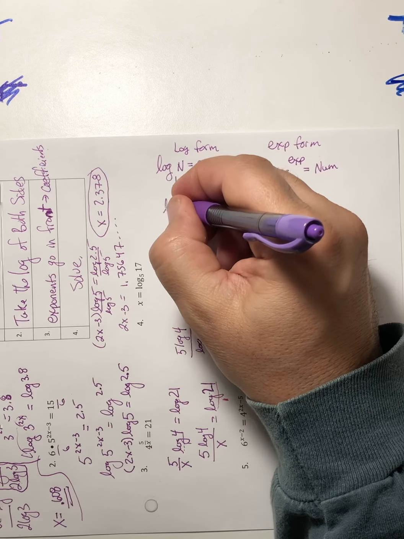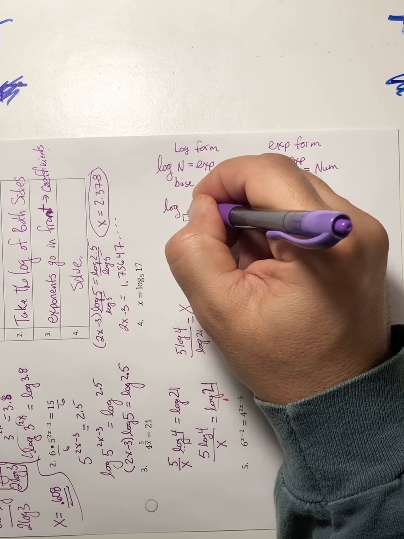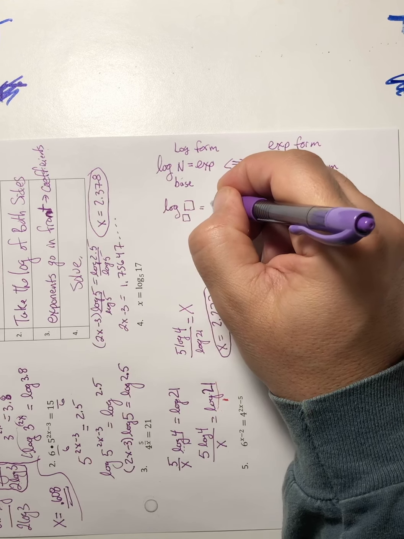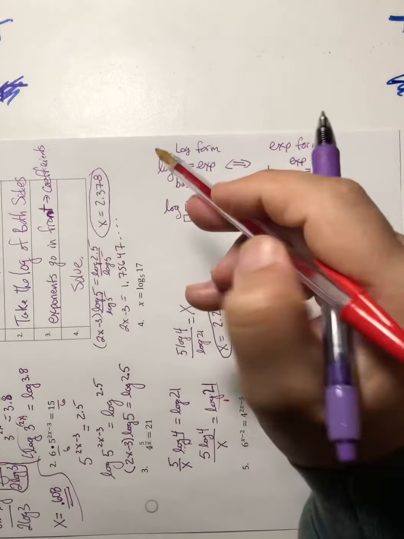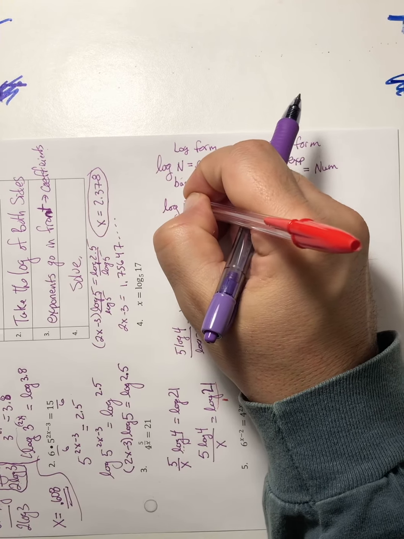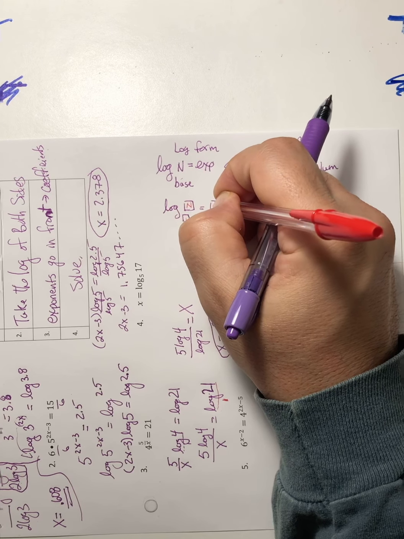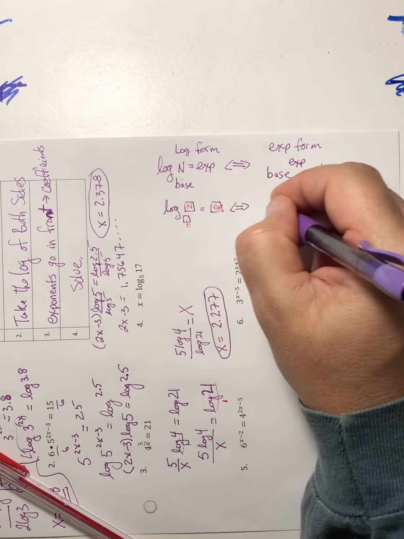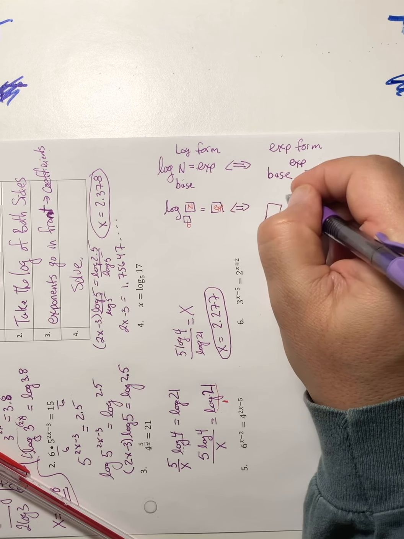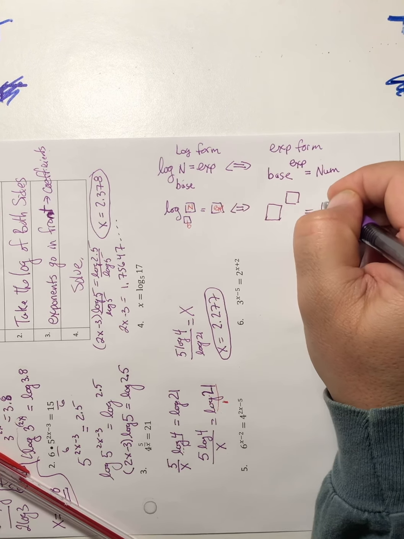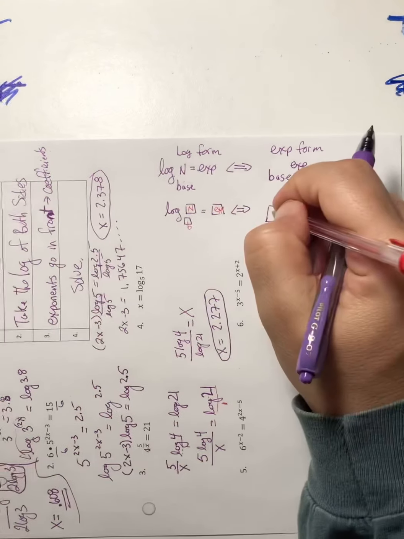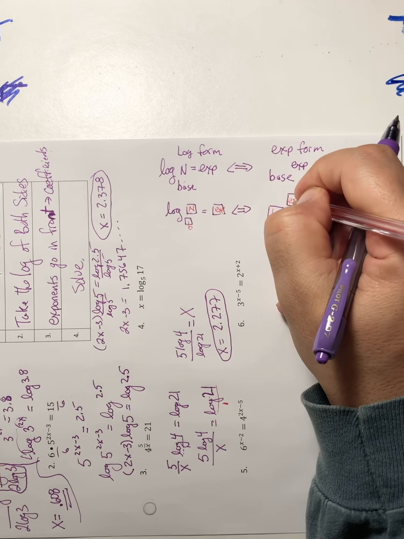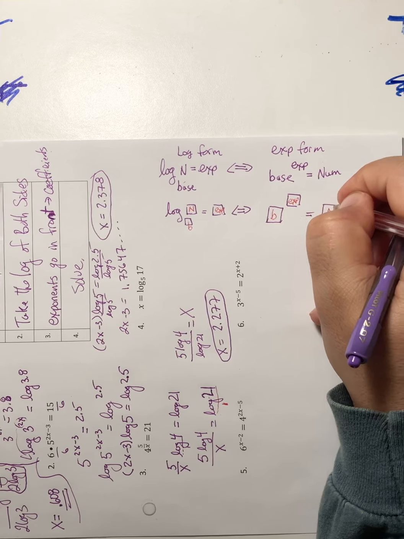B for base, N for number, EXP for exponent. B for base, EXP for exponent, and then there's the number.